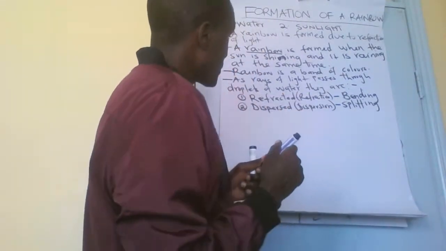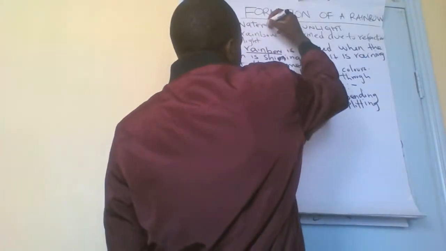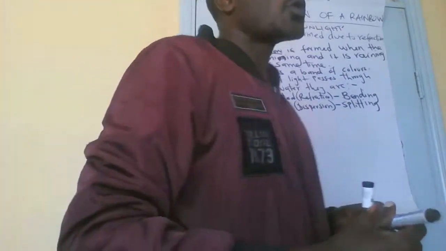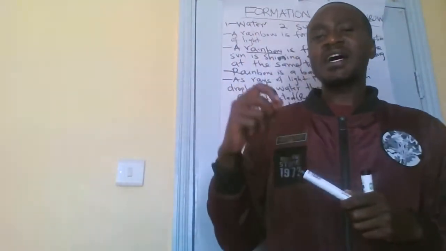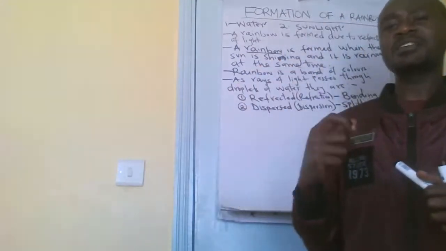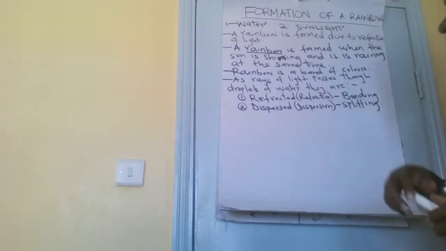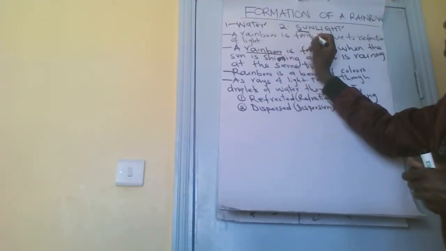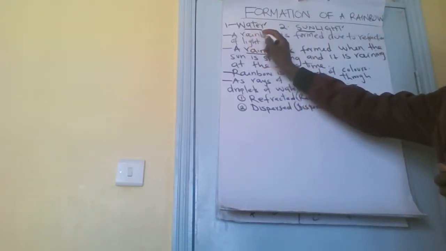And remember what we said first. For a rainbow to take place, there are main things which must be there. There must be water. There must be light. Those are the two major requirements. Number one, light, and that light is not just light, it is sunlight. What else? Water.